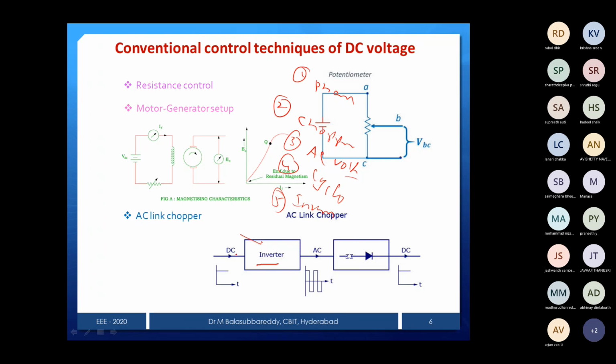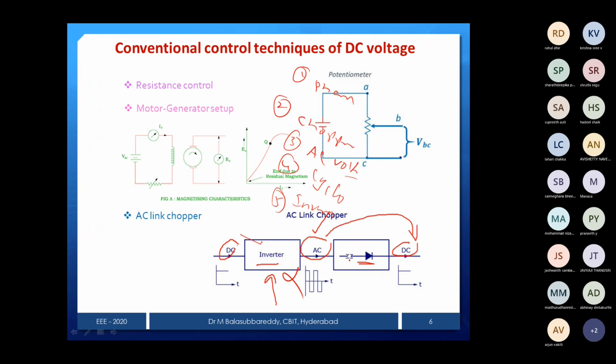Now the first one converts DC to AC. Once the DC is available, you use an inverter and get AC. Then we use a diode rectifier, which converts AC to DC again. Our intention is a variable DC. So this one is a constant DC and I require a variable DC, and through the firing angle of the inverter, alpha variation is possible. By controlling alpha, you will get a variable AC.